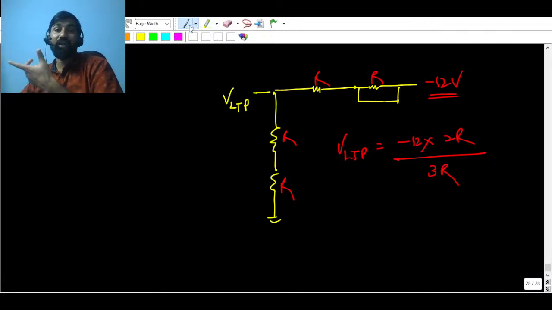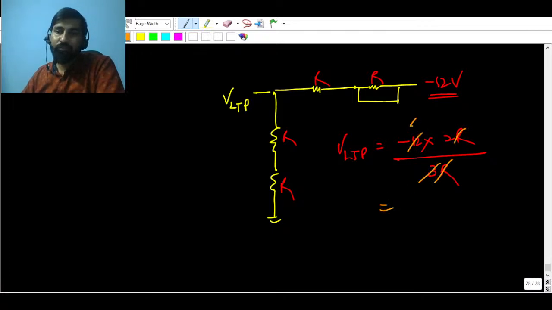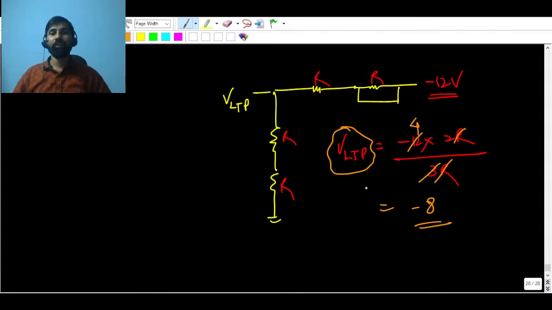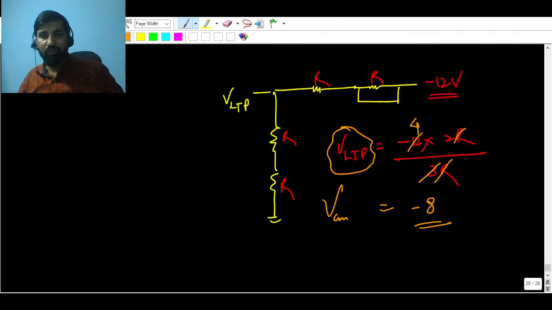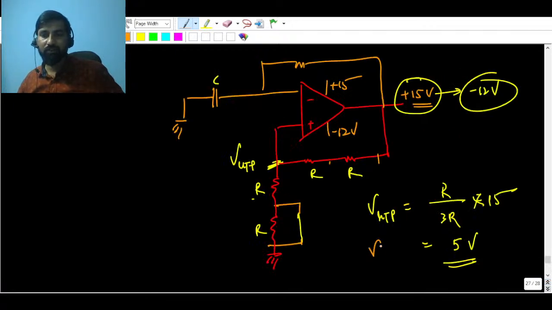How easy this is, right? You can see I'm solving the question. This R and R cancel, and 4 minus 12 gives minus 8. So VLTP is minus 8. This is the minimum voltage, VC minimum, and that is the maximum, VC maximum.